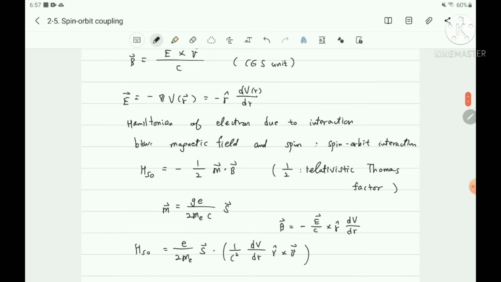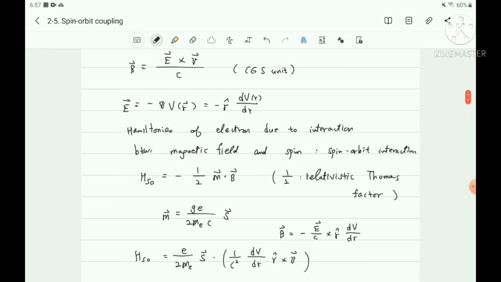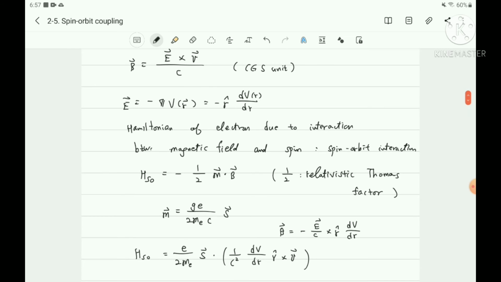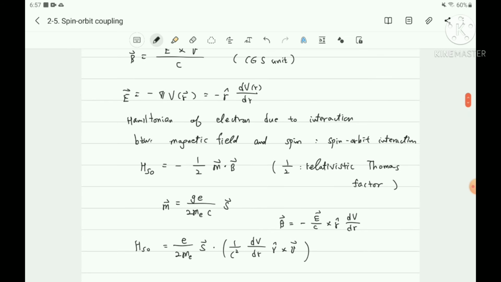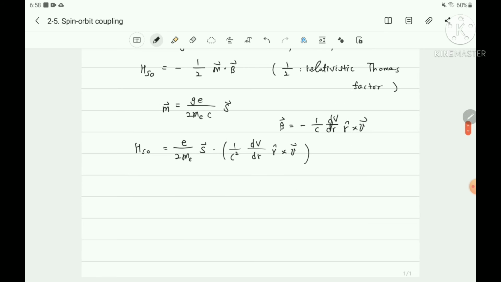I'm sorry. The magnetic field is 1 over c times the electric field, dV/dr, and r cross v. Yeah, I'm sorry.